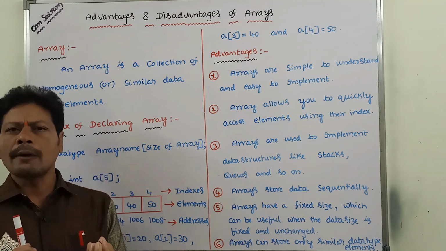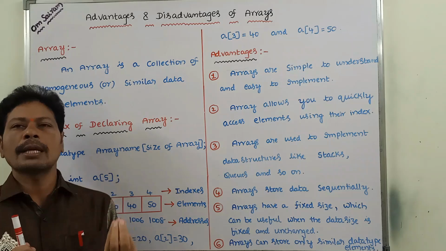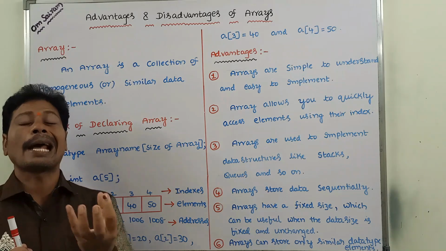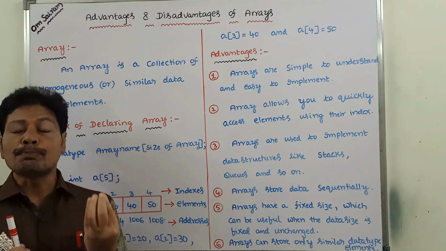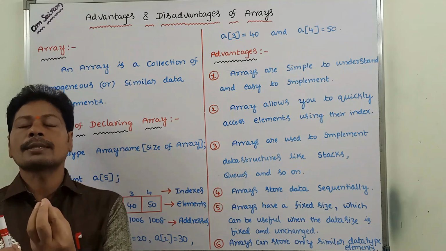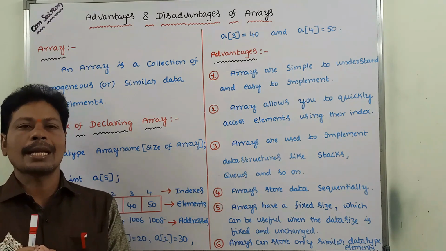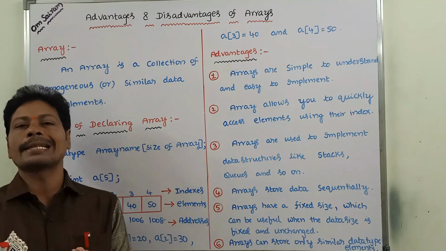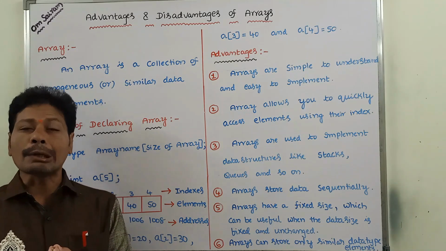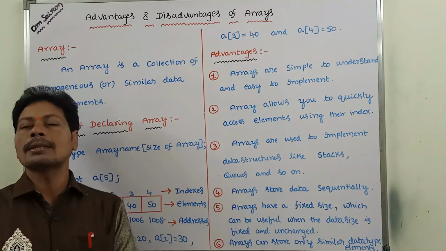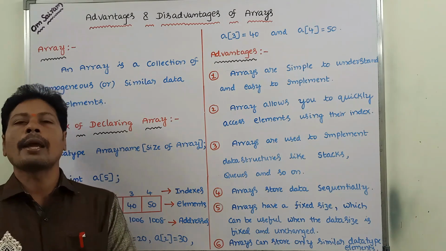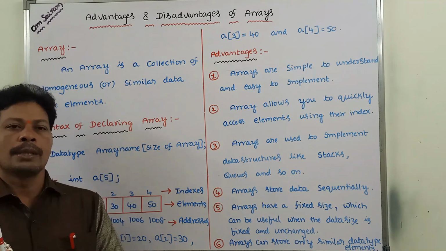So whatever the numbers, characters, or floating point numbers, we use the corresponding array. To represent integers, we require an integer array. For characters, a character array. For floating point numbers, a floating point array.